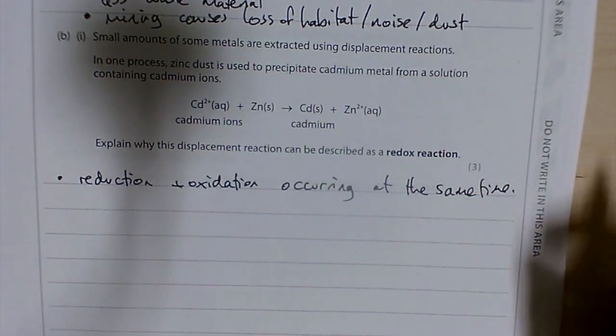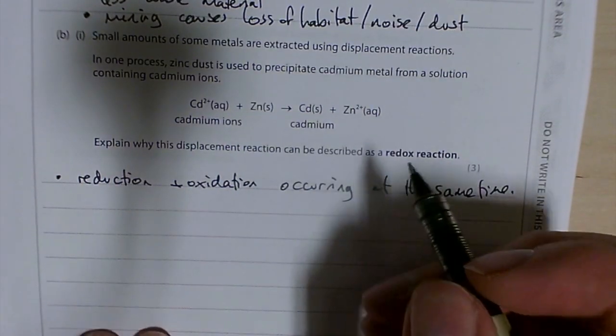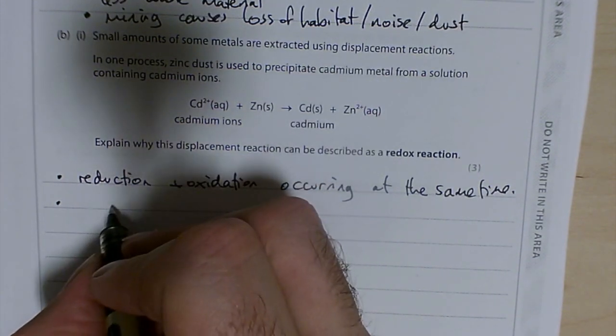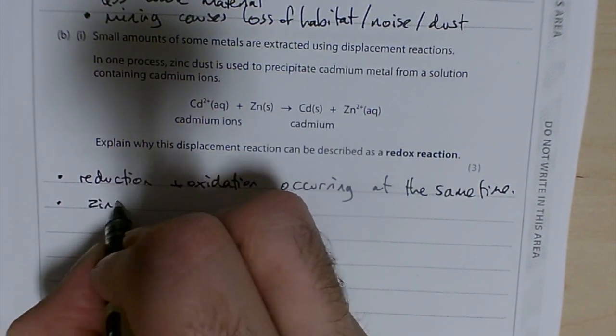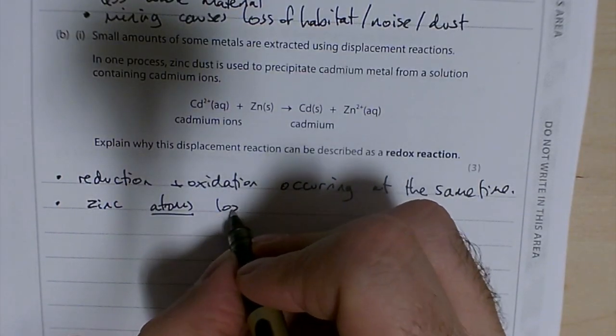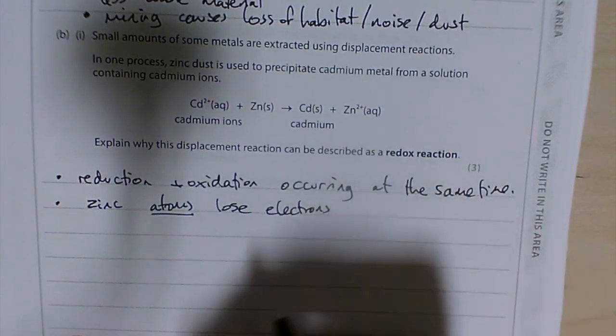Then we need to describe what is happening to our different things in here. Second mark for saying that zinc atoms are losing electrons, or you could use the half equation.